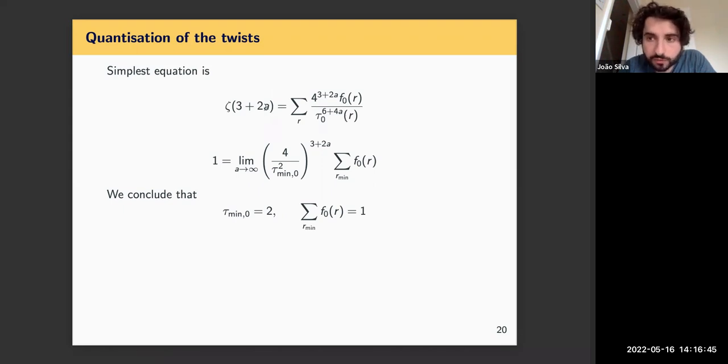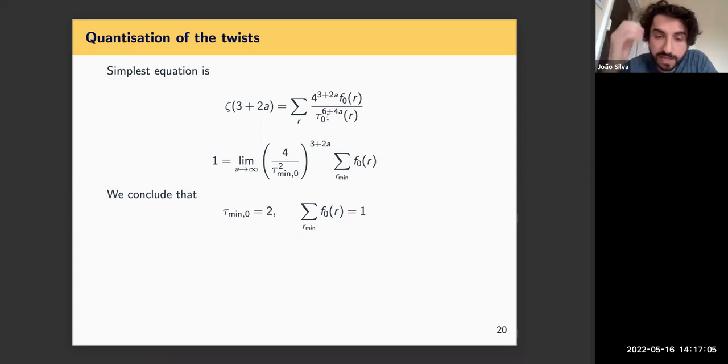It turns out that it's very useful to take the limit a goes to infinity. When you take a goes to infinity, then this zeta just becomes 1. And on the right-hand side, notice that f0 and tau0 need to be positive due to unitarity, because f0 is an OPE coefficient and tau0 is a twist, so they need to be positive.